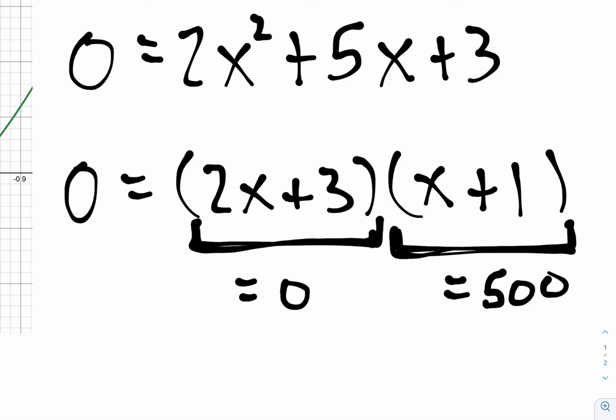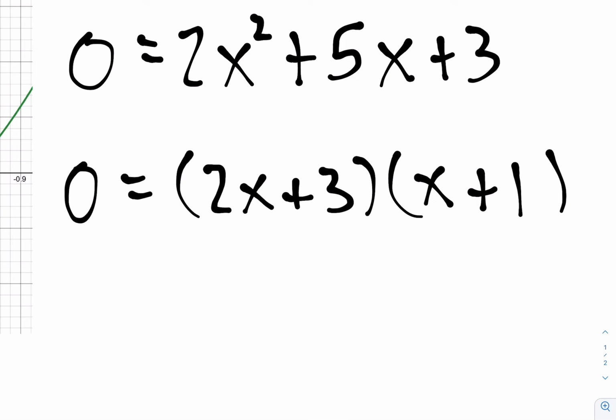And similarly, let's say we plugged in an x on the left bracket and it equaled 500. If this bracket was 0, 500 times 0 is also 0. So as long as either of the brackets is 0, that's going to be a solution to the quadratic equation.